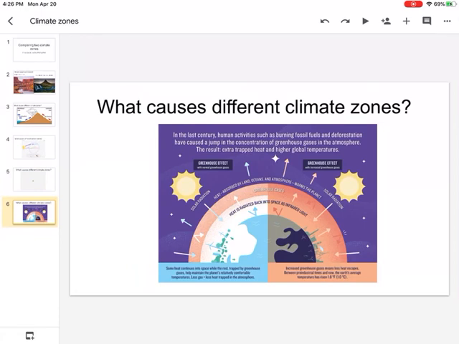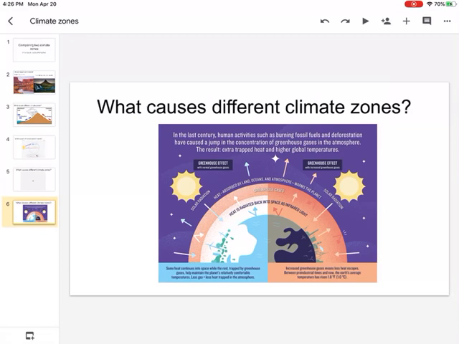And lastly, another thing they talked about that causes different climate zones is the greenhouse effect. So let's look at this picture together. It says, in the last century, human activities such as burning fossil fuels and deforestation, so that's like burning coal or cutting trees down so there's less trees, have caused a jump in the concentration of greenhouse gases in the atmosphere.